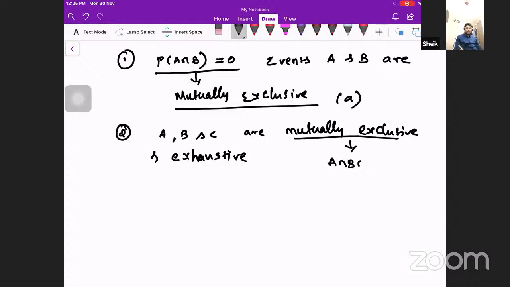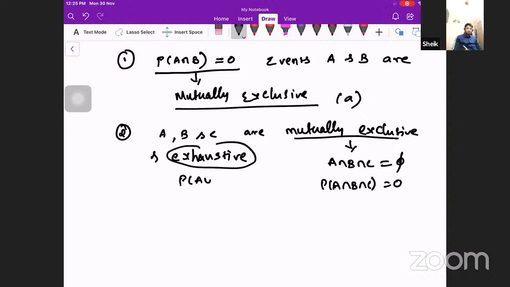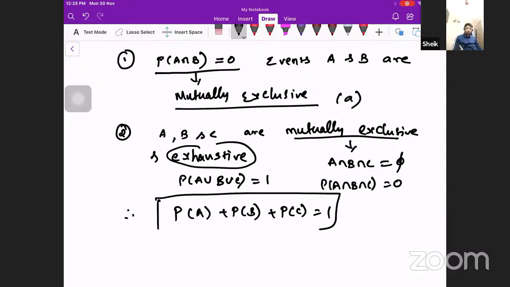Exclusive is A intersection B intersection C is a null set, that is, P of A intersection B intersection C is equal to 0. Exhaustive means P of A union B union C is equal to 1. So therefore, what will be the condition for P of A plus P of B plus P of C? Of course, it is equal to 1.